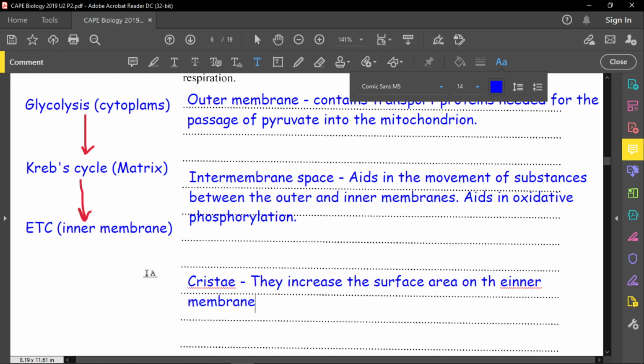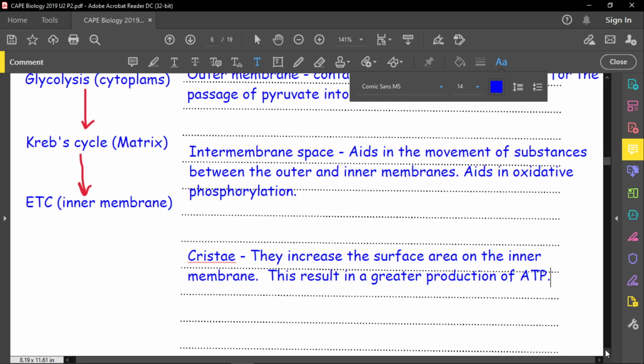And so this results in a greater production of ATP. All right, so that's very important there.